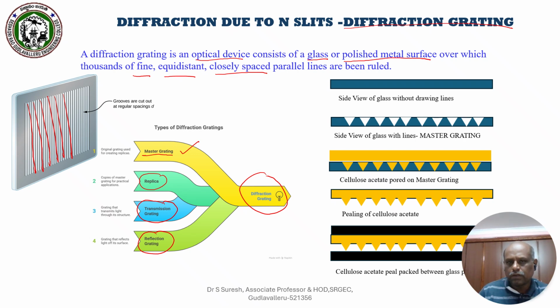Before drawing with the help of a diamond cutter, if you look at the side view of the glass plate, it looks like this. No lines are drawn, a plain transparent glass plate.